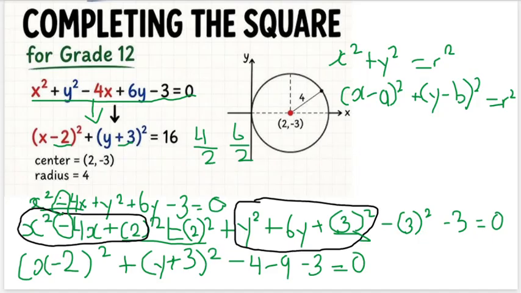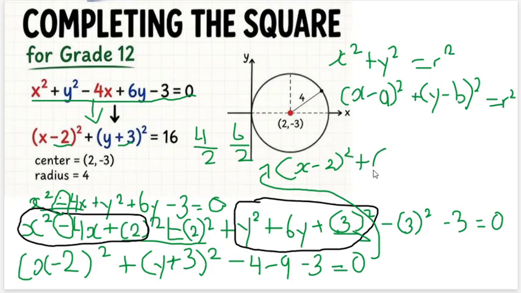Finally, let's take an eraser and continue up here. Finally, we're going to have something like x minus 2 squared plus y plus 3 squared.